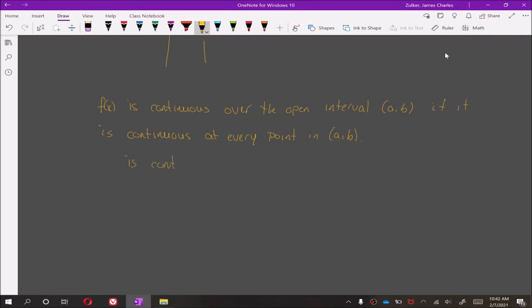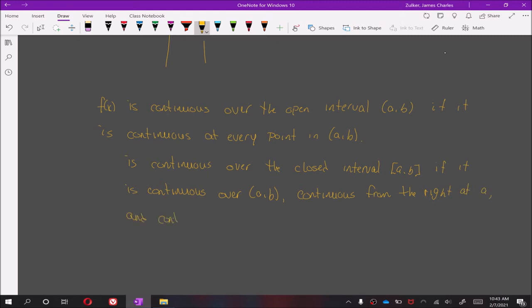It is continuous over the closed interval a to b if it is continuous over the open interval a to b, continuous from the right at a, and continuous from the left at b.